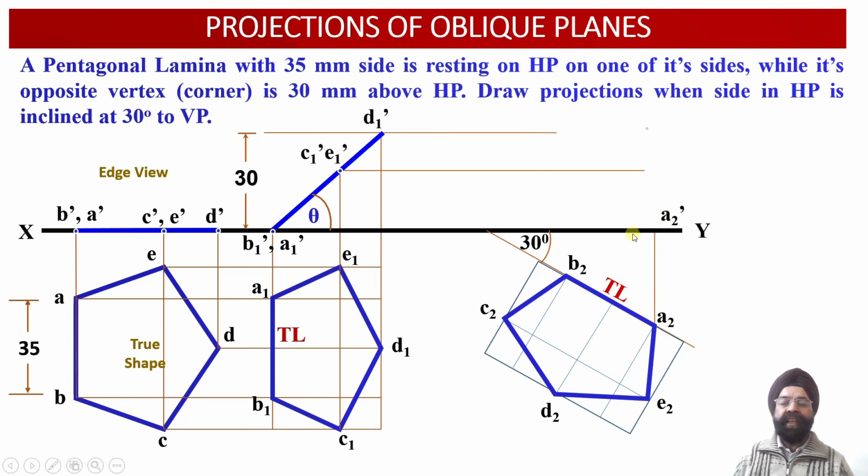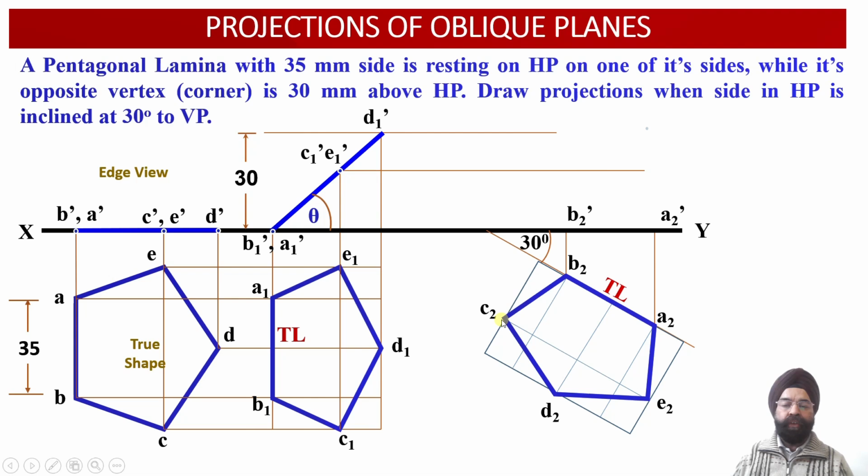The intersection of both of these projection lines has provided us with the location of the point A2 dash in the elevation. Similarly, we have drawn a vertical projector through B2 over here, and this is B1 dash. From B1 dash we have drawn a horizontal projector line. Now the intersection point of these two projection lines has provided us with the location of the point B2 dash in the elevation.